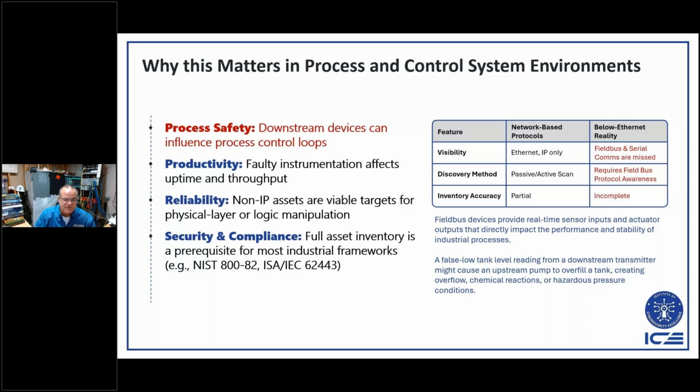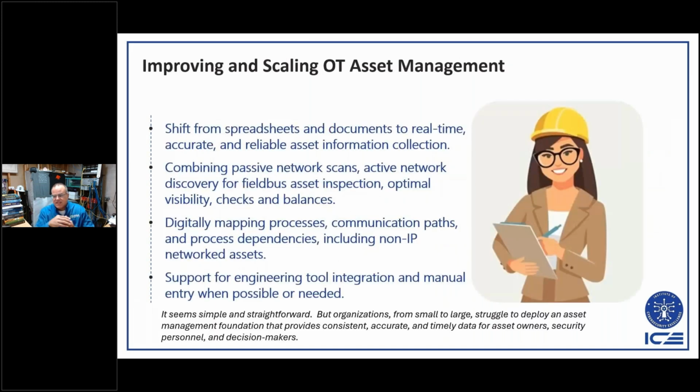So, operations team. But we'll talk about what an asset management program can do very shortly, in the next couple of slides. What we want to do to improve and scale OT asset management is shift from spreadsheets and documentation to real-time, accurate, reliable asset information.